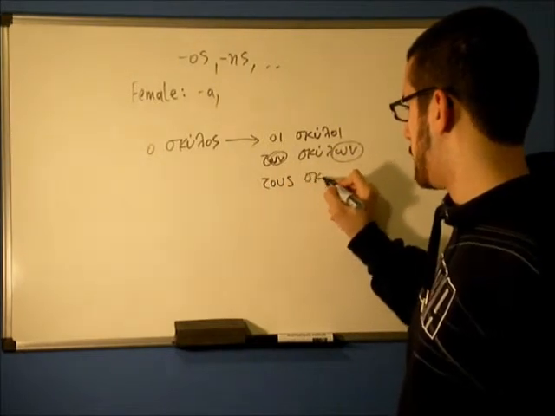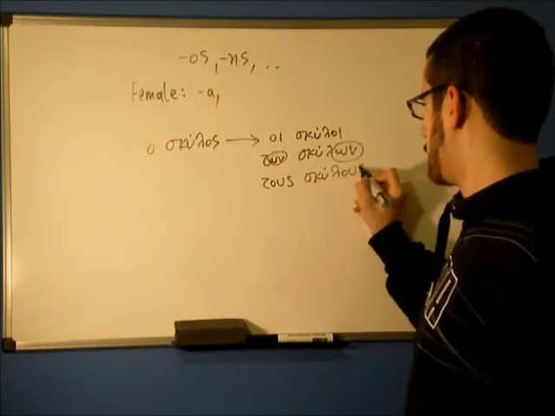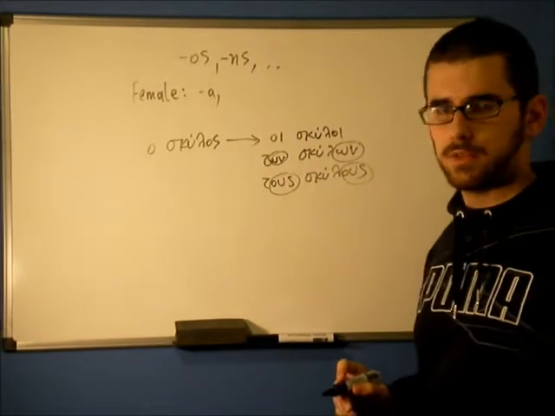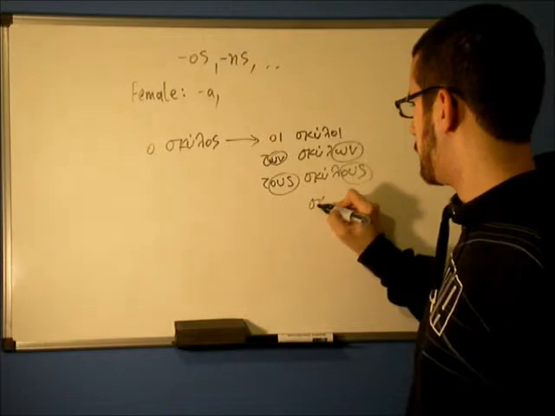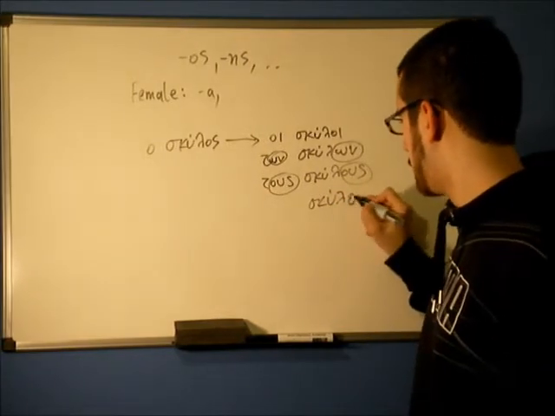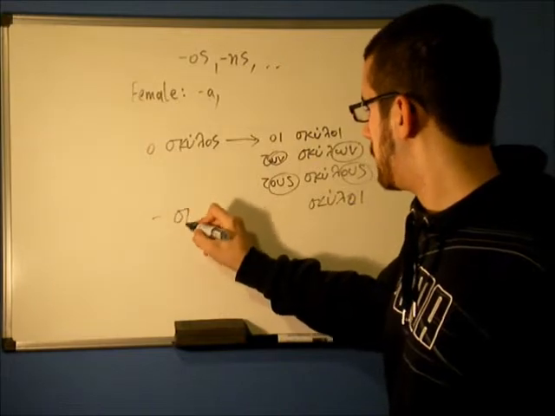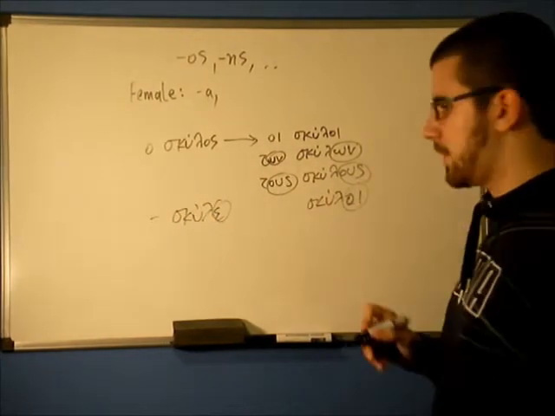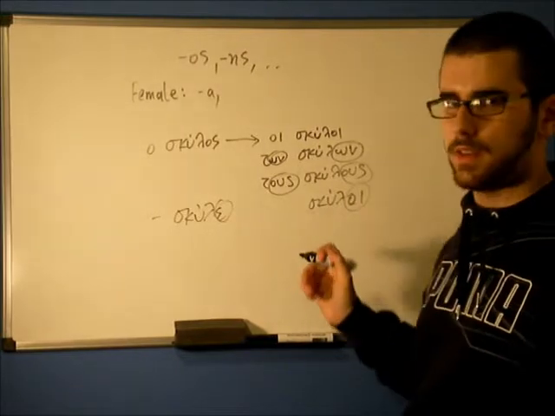But now this doesn't make much sense. Like tus skilus. And there is, as we say, the vocative, where you can actually say skile, which is the way you call somebody. Skili, skili. And skile is here. So as you can see, this is not easy.